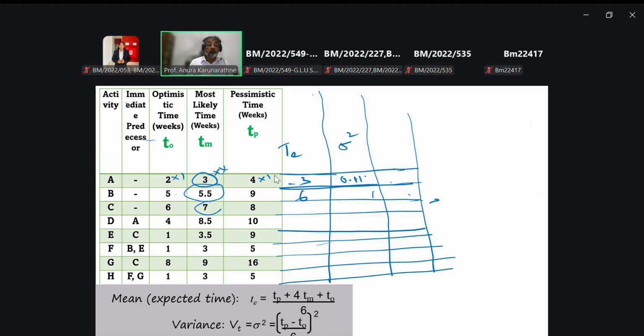Next one, 7 into 4, that is 28 plus 8 plus 6, that is 14. Then divide by 6.